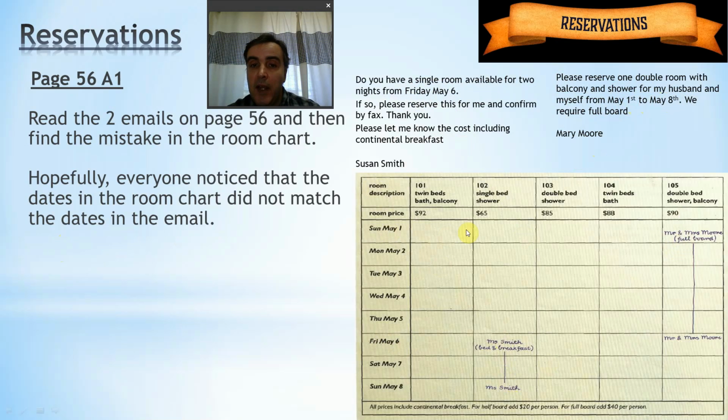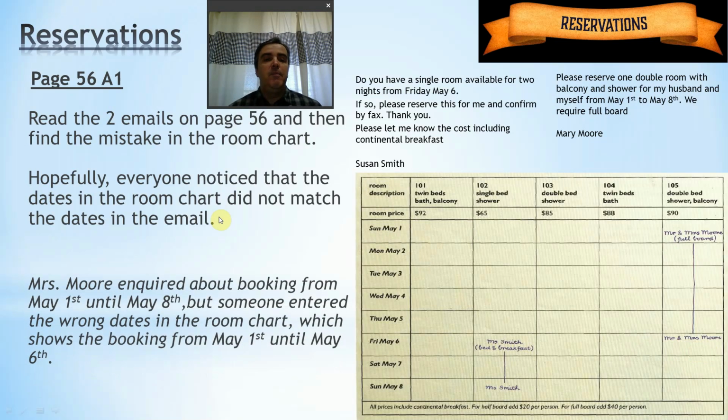Now, look here, May 1st, oh, May 6th. So, there is the problem. Mrs. Moore inquired about booking from May 1st until May 8th, but someone entered the wrong dates in the room chart, which shows the booking from May 1st to May 6th. So hopefully everybody noticed that mistake.